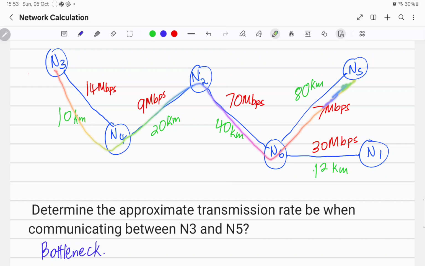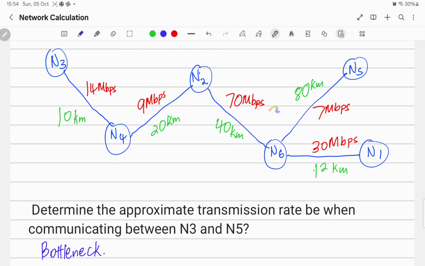And by bottleneck, I mean you need to find the lowest transmission rate along this route. And remember, our transmission rates in this case are written in red. From here we have 14 and we have 9. 9 is lesser than 14, and then we have 9 and 70. 9 is lesser than 17.